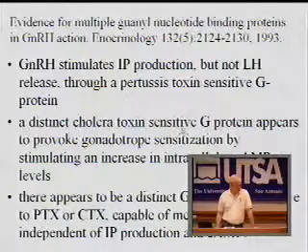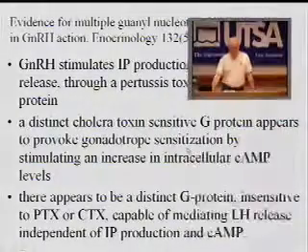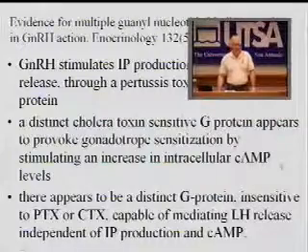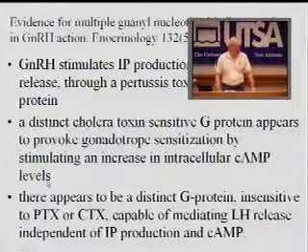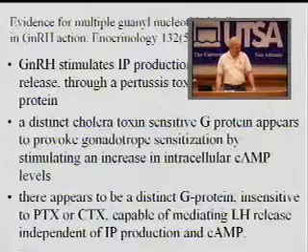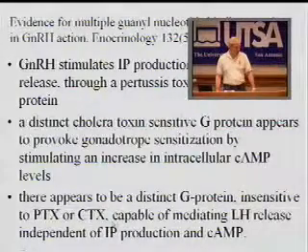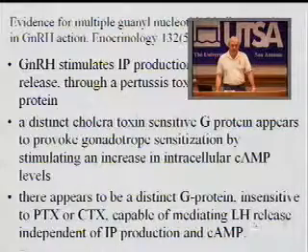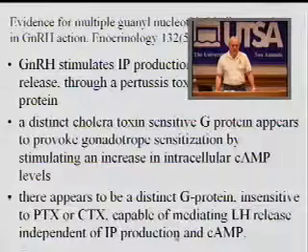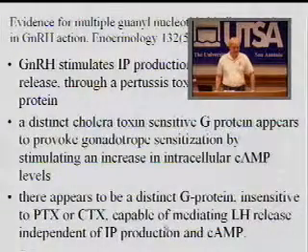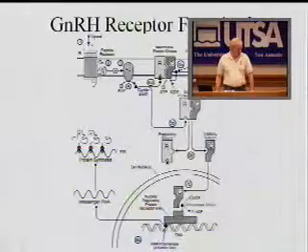A distinct cholera toxin sensitive G protein appears to provoke gonadotrope sensitization by stimulating an increase in the intracellular cyclic AMP levels. And there appears to be a distinct G protein insensitive to PTX or CTX that's capable of mediating the LH release independent of the IP production and the cyclic AMP. So there seems to be this third mechanism involved.